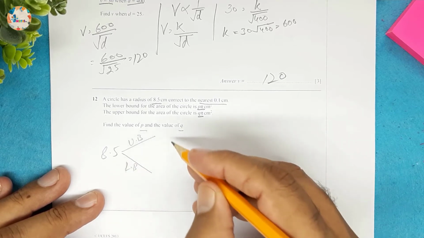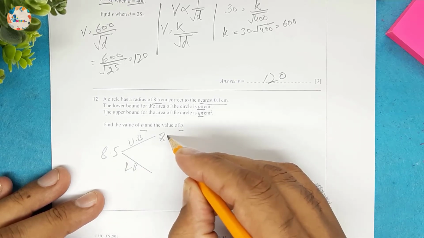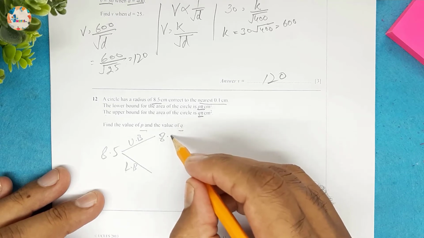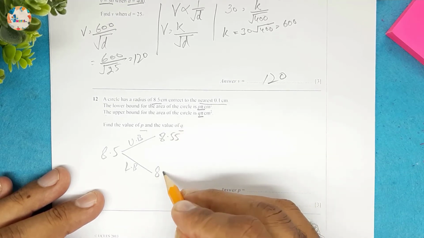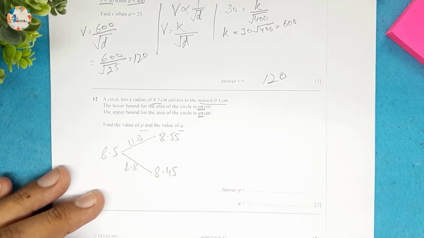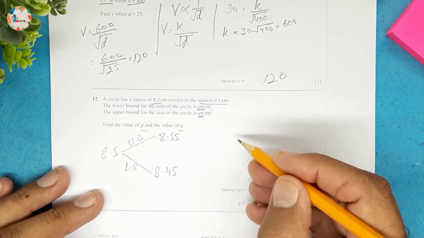The upper bound will be 8.55, and the lower bound will be 8.45. Now after writing these upper and lower bounds, we will find the areas for these two numbers.